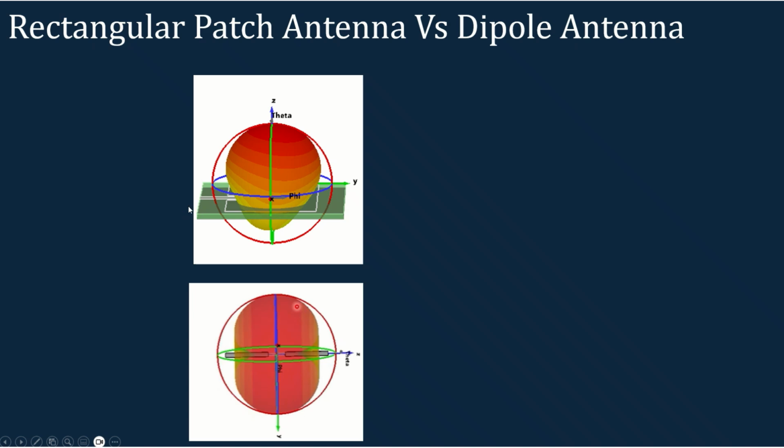Broadside pattern means the radiation is happening perpendicular to the axis of the antenna. So this is the axis of the antenna and the radiation is happening perpendicular. So we have the broadside pattern for the rectangular patch antennas.